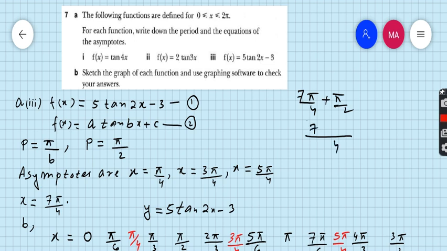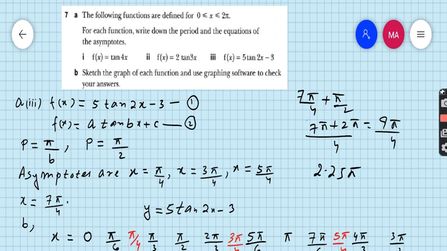Taking LCM 4, 7 pi plus 2 pi is 9 pi, so 9 pi upon 4. 9 upon 4 is 2.25. So 2.25 pi is the answer.